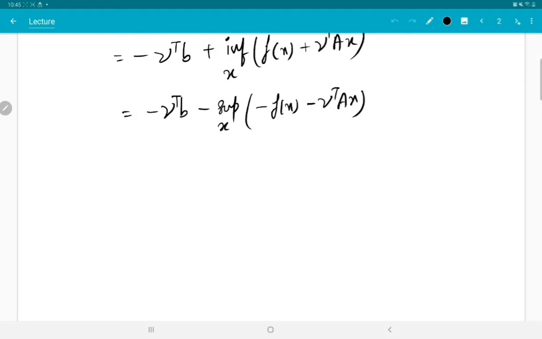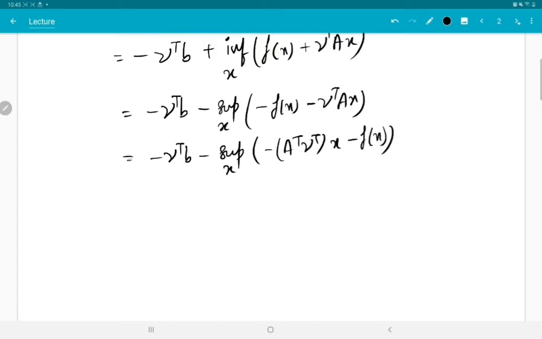We just change the infimum into a supremum, and now we have a conjugate kind of term here. So to write it in a conjugate form, we have minus A transpose nu transpose x minus f of x. Right, we have the y transpose x minus f(x) form.